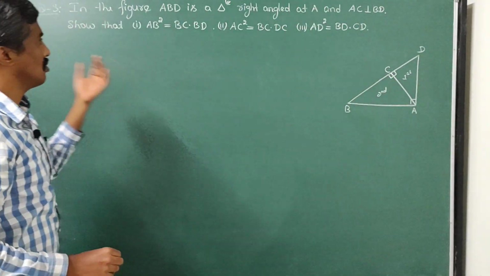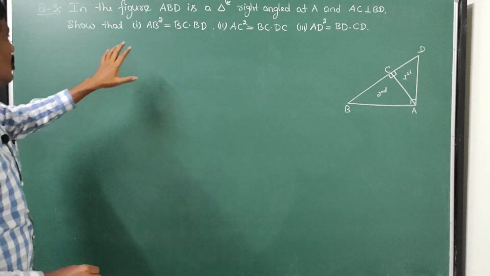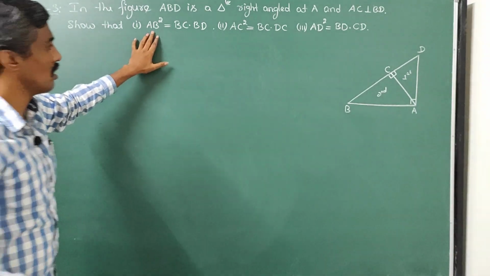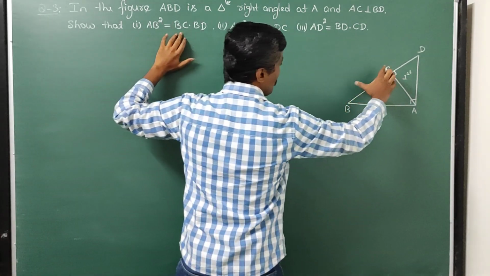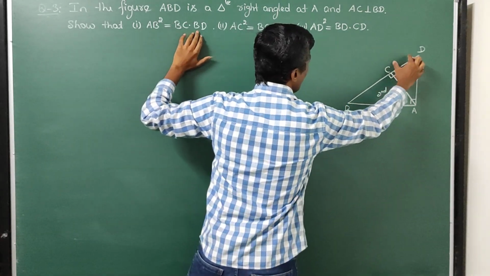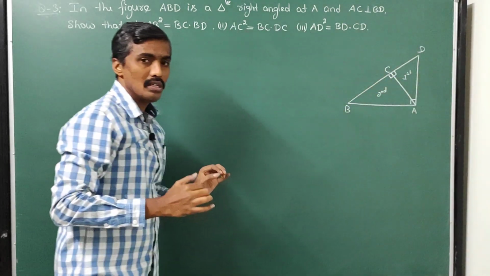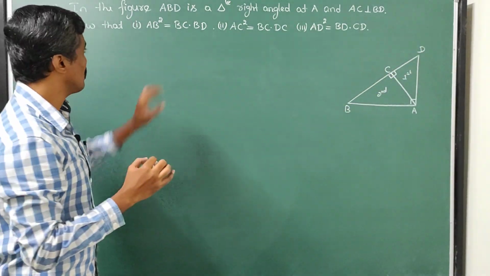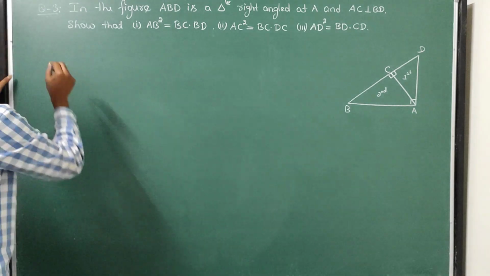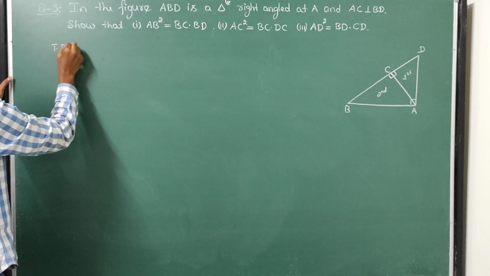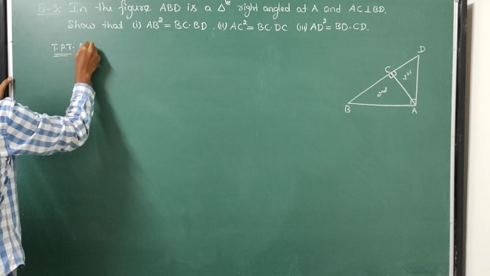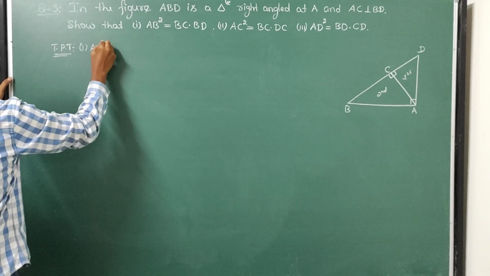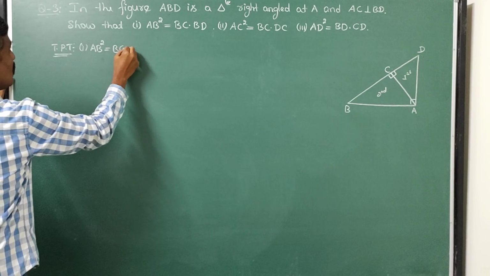Under these conditions, the first point we have to prove is AB square is equal to BC into BD.